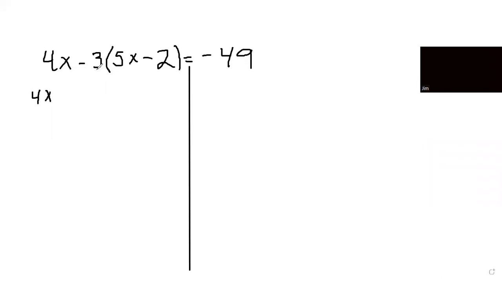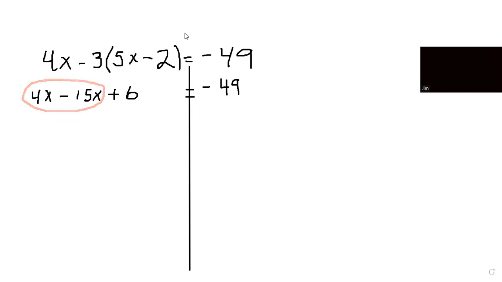So negative 3 times 5x will be negative 15x. Okay, and then negative 3 times a negative 2 is going to be a positive 6 because a negative times a negative is a positive. And of course, this all still equals negative 49. Okay, so over here, I see we have a 4x and a negative 15x.